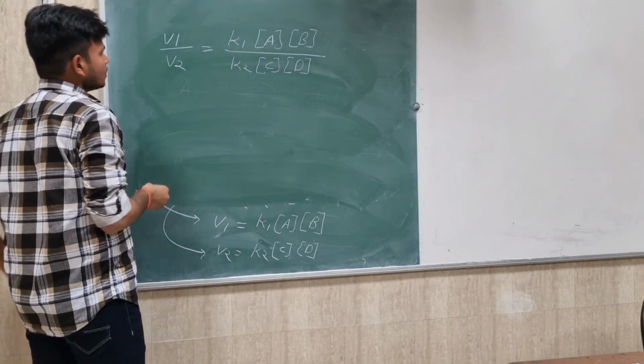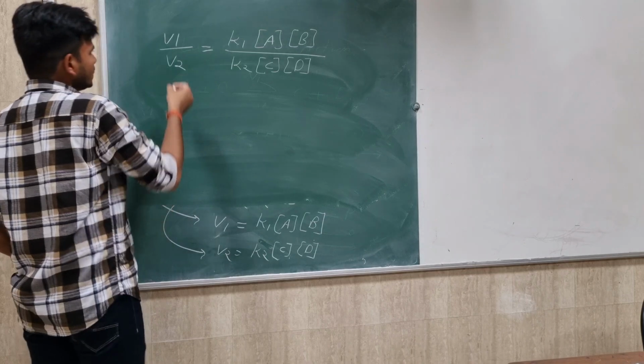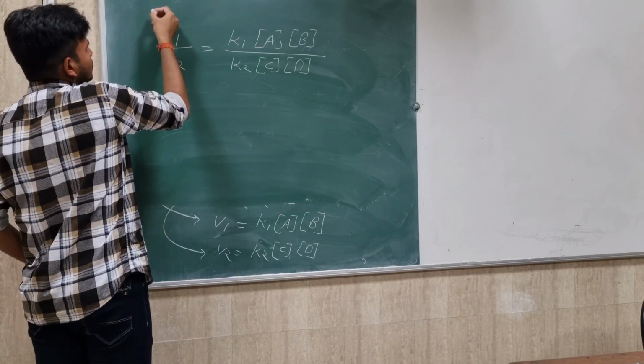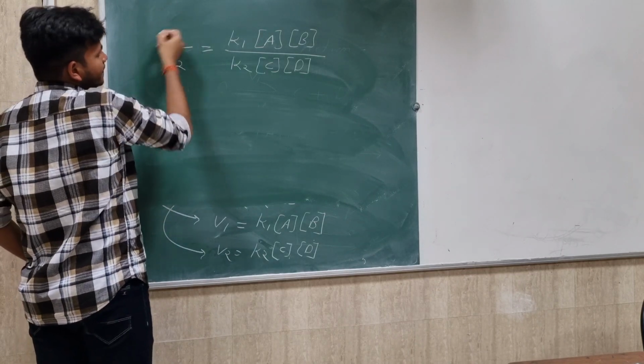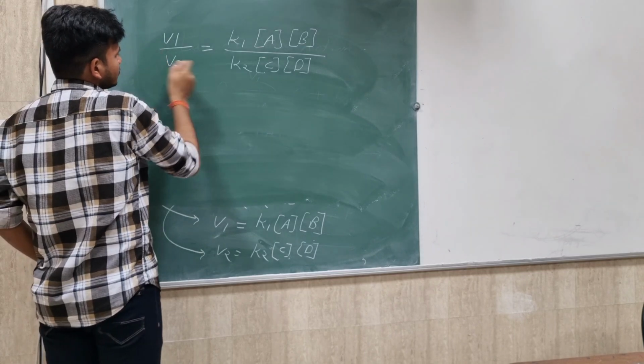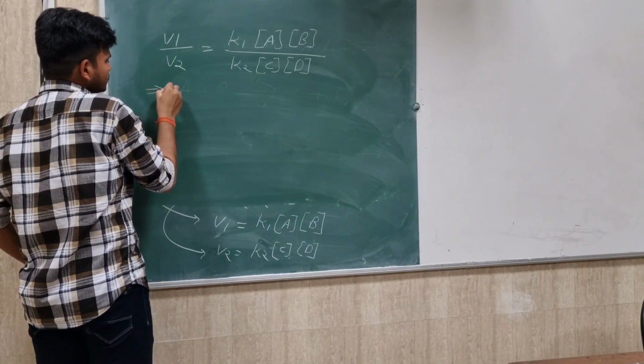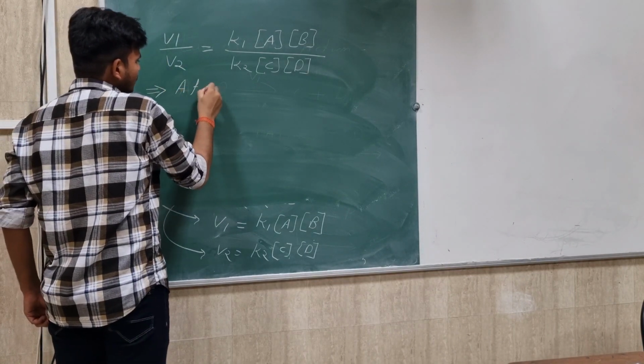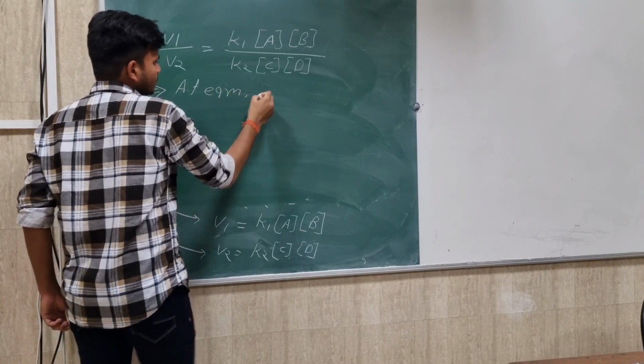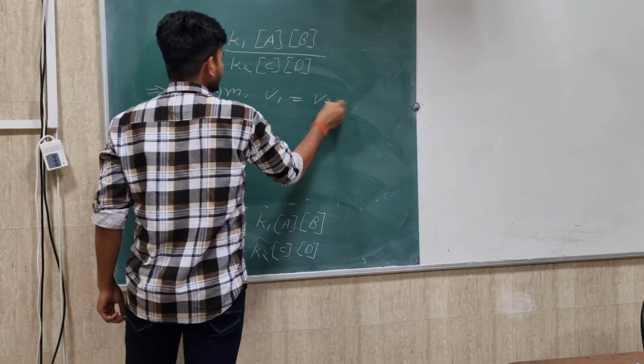Then here V1 by V2, we can say here at equilibrium V1 is equal to V2.